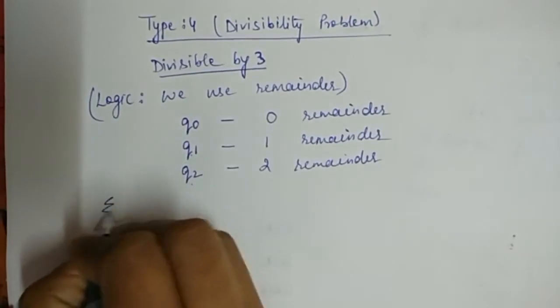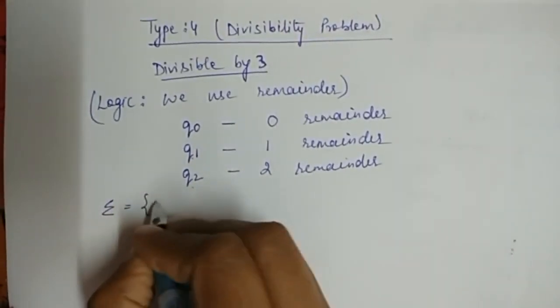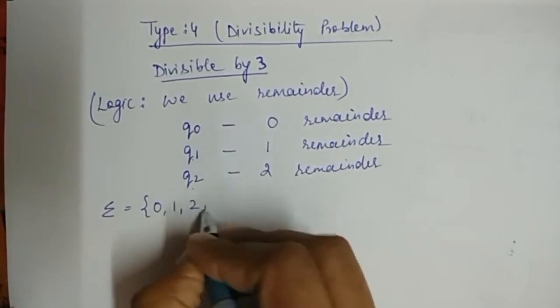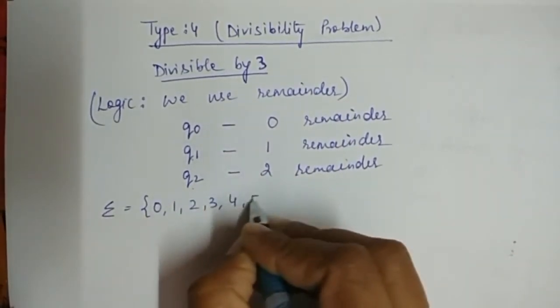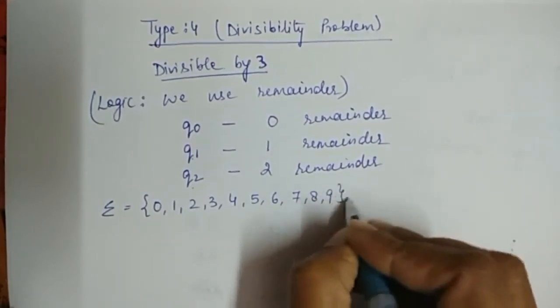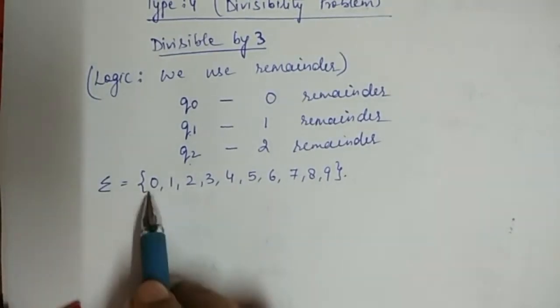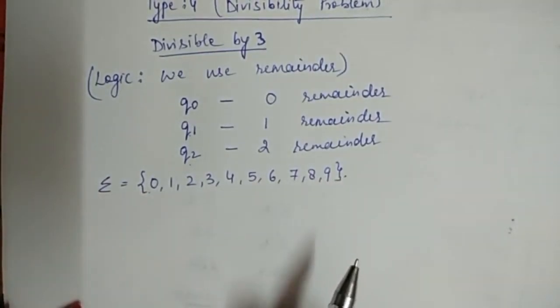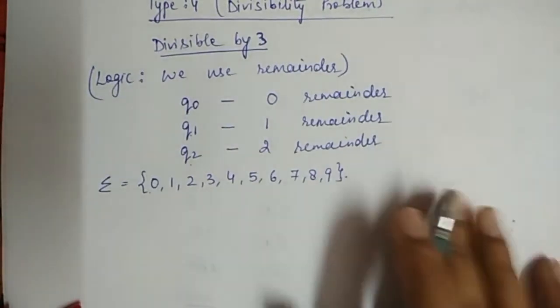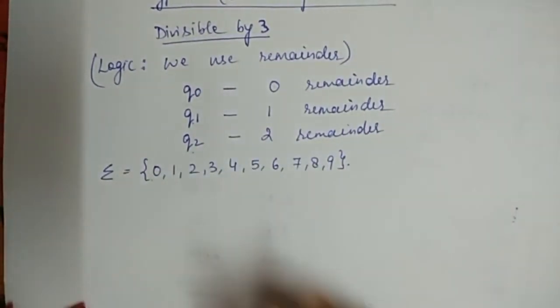Now we take the input sigma equal to 0, 1, 2, 3, 4, 5, 6, 7, 8, 9. Now you can ask one question: why do I take only 0 to 9 as input values? Why not 10, 11, 12? For this reason, please go through the video until the end.